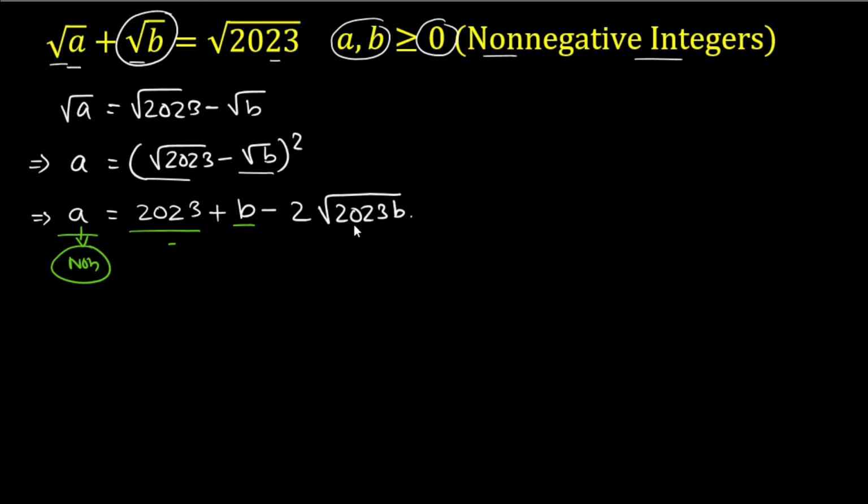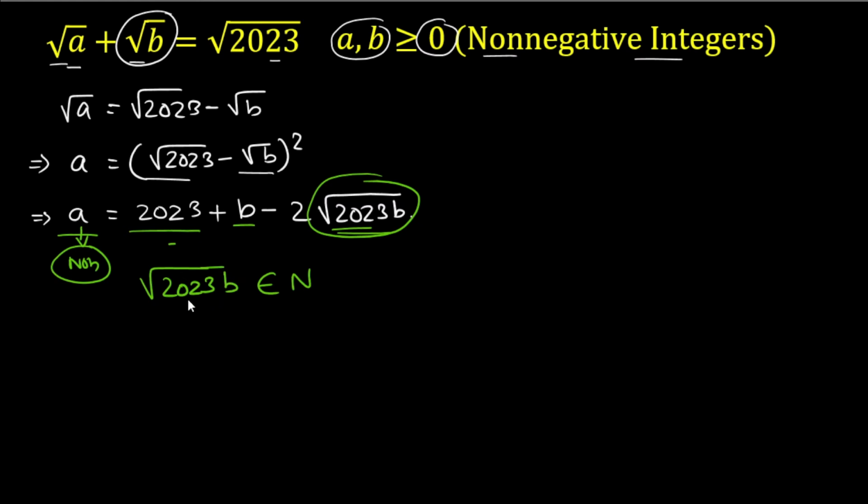Now only square root of 2023 times b could be a non-integer. Only if square root of 2023 times b is an integer could we have a valid solution. For making this term a non-negative integer, the value of square root of 2023 times b should be a natural number, a non-negative integer.